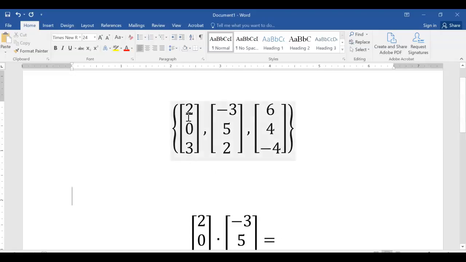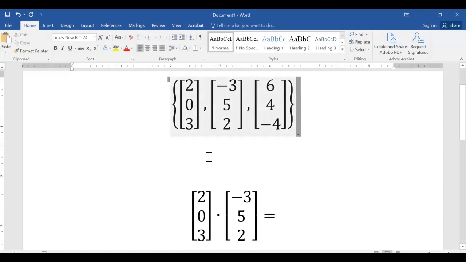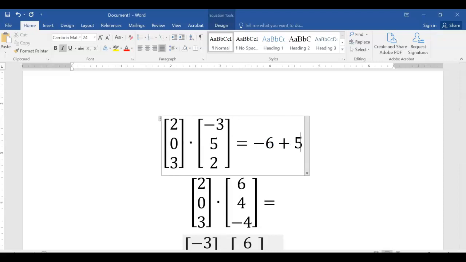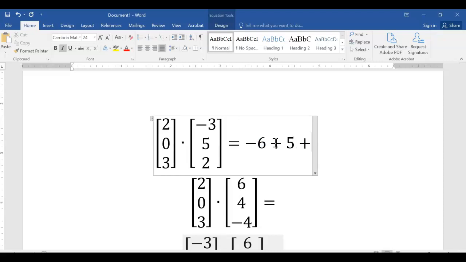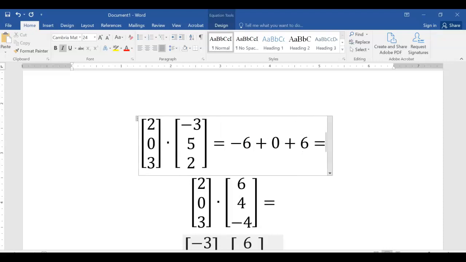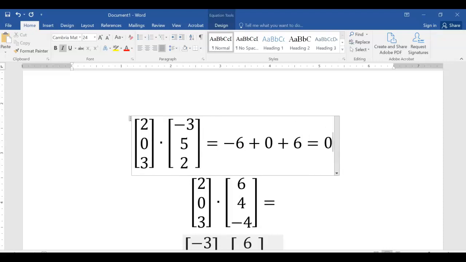So vector 1 is (2, 0, 3), vector 2 is (-3, 5, 2), and vector 3 is (6, 4, -4). If I take vectors 1 and 2 and take the inner product, we get -6 plus 0 plus 6, and that gives me 0. So vectors 1 and 2 are orthogonal.